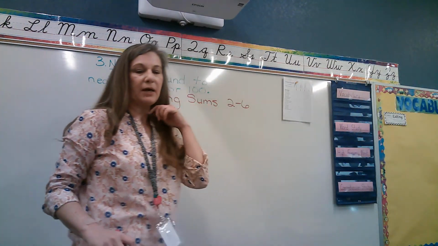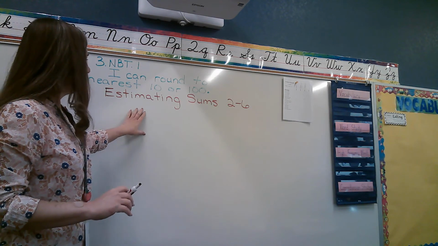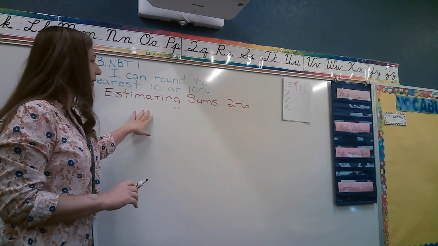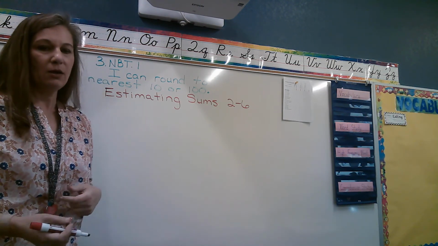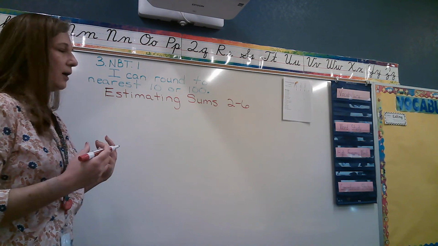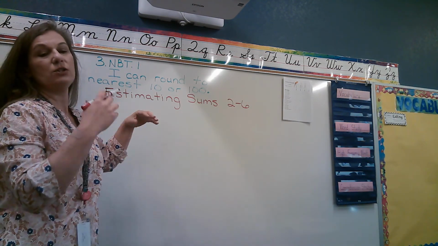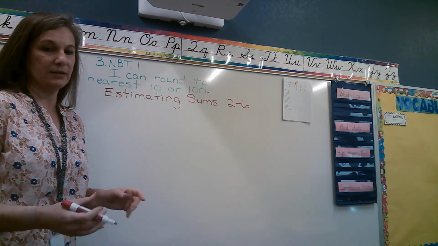So I'm going to start by talking about the importance of rounding. When we started rounding, we were using our idea of rounding so we could use rounding just to make sure that we have a good estimated rounded guess.